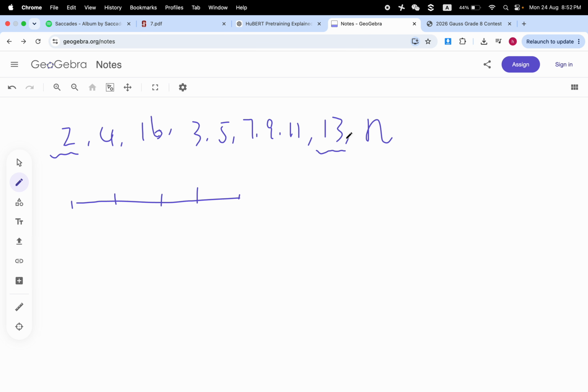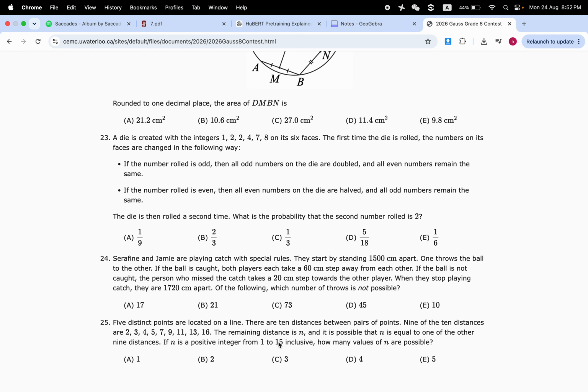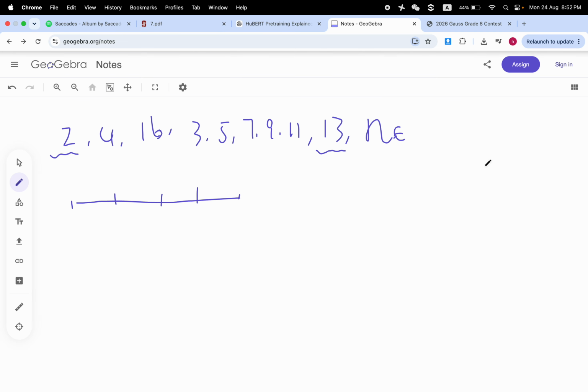Okay, before that, of course, I need to mention one thing, that is, 16 is the total. Why? Because it is said in this problem that n is between 1 and 15 inclusive, right? This unknown guy. That is to say, this guy is from 1 to 15. It cannot be larger than 16.